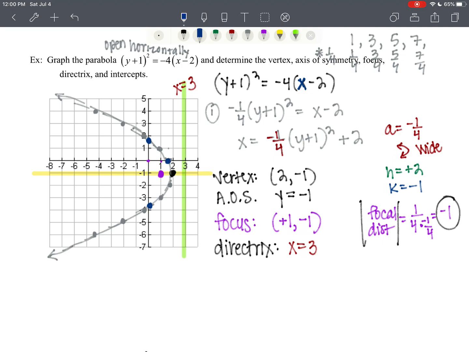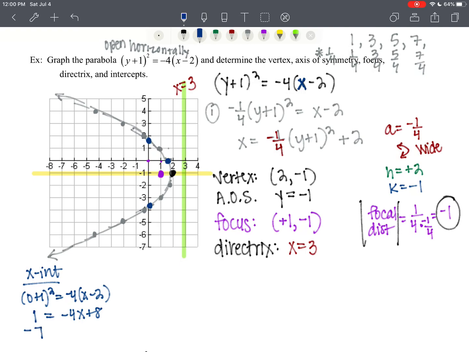So let's take it back. How do we find x and y-intercepts? Well, the x-intercept is the value of x when y is 0. So I'm going to go back to the original equation. 0 plus 1 squared equals -4 times (x - 2). So that's going to be 1 equals -4x plus 8.